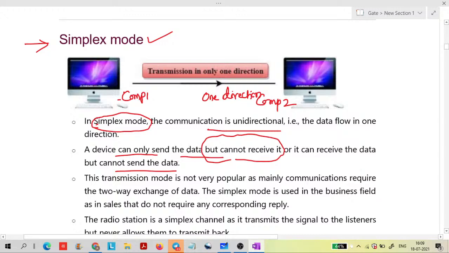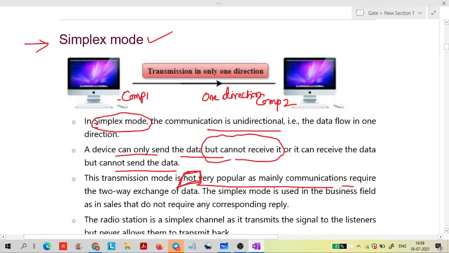So this transmission mode is not very popular. Why? Because communication means it should be two-way communication, right? In simplex mode, communication is unidirectional, in only one way: it sends the data, but it cannot receive data from the other device.